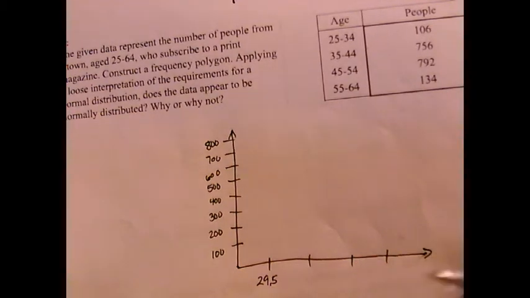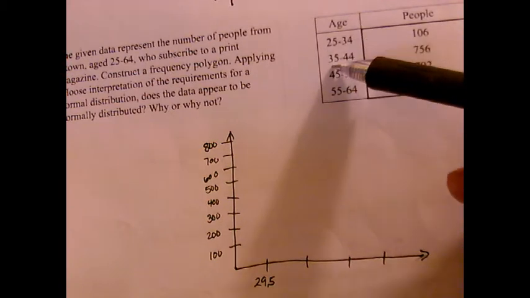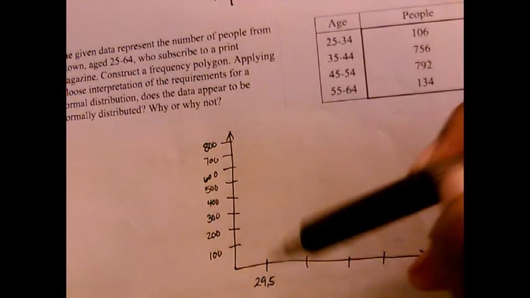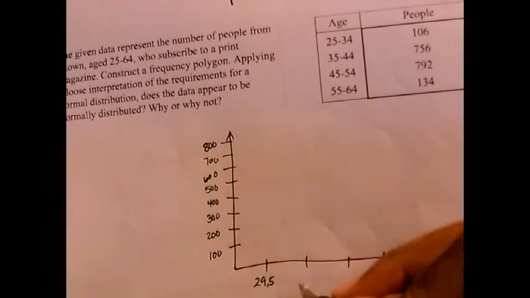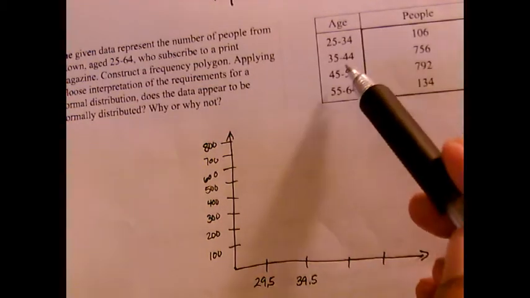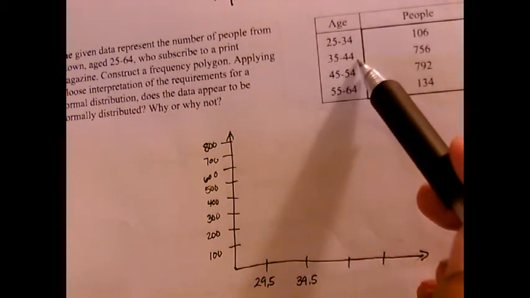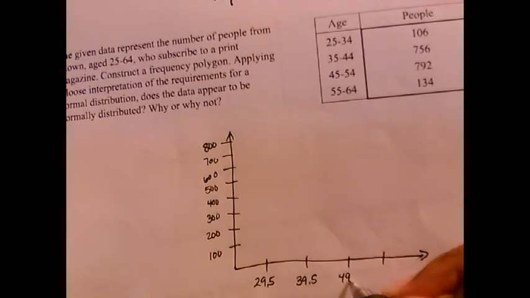And then, now let's look at the class width. From 25 to 35, that class width is 10. So if I add 10 to this first class midpoint of 29.5, I'm going to have 39.5. That will represent the class midpoint for 35 to 44. Add 10 more, you'll get 49.5.